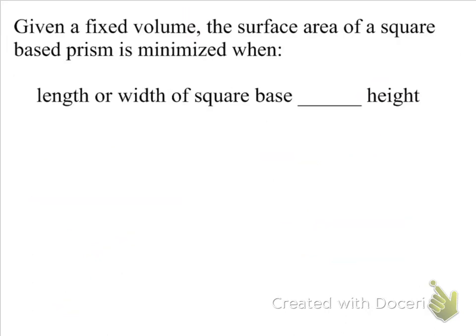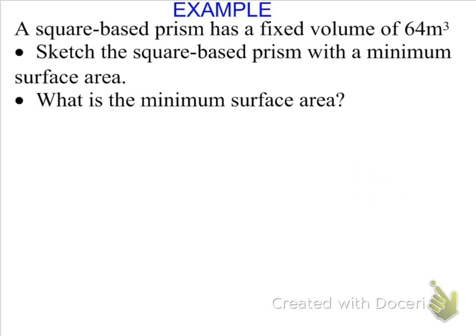Okay, continuing with this square-based prism, if we want to minimize the surface area for a fixed volume, we still want to create a cube, so the length, width, and height are all going to be the same value, because we have a cube. In this example, once again, start with the formula.